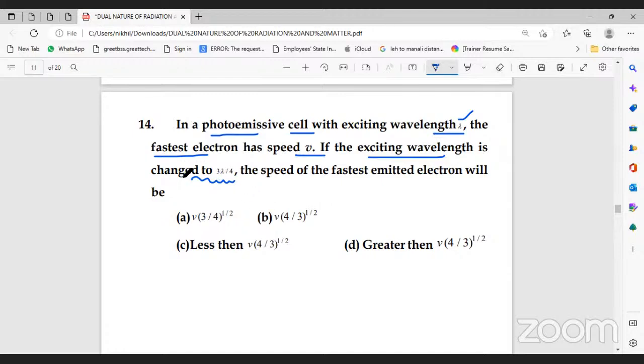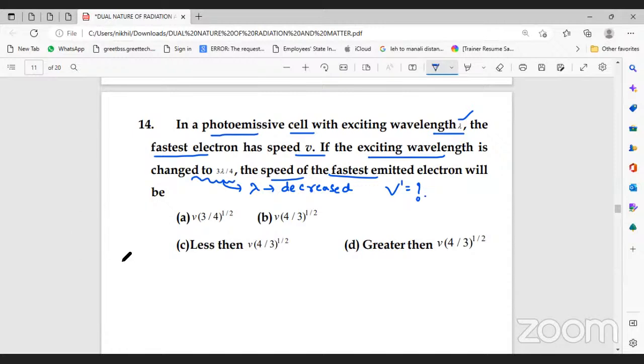So wavelength has decreased. Now they are expecting you to find the speed of the fastest emitted electron, V dash. If the wavelength is changed from lambda to 3 lambda by 4, how the velocity is going to change, you have to discuss.